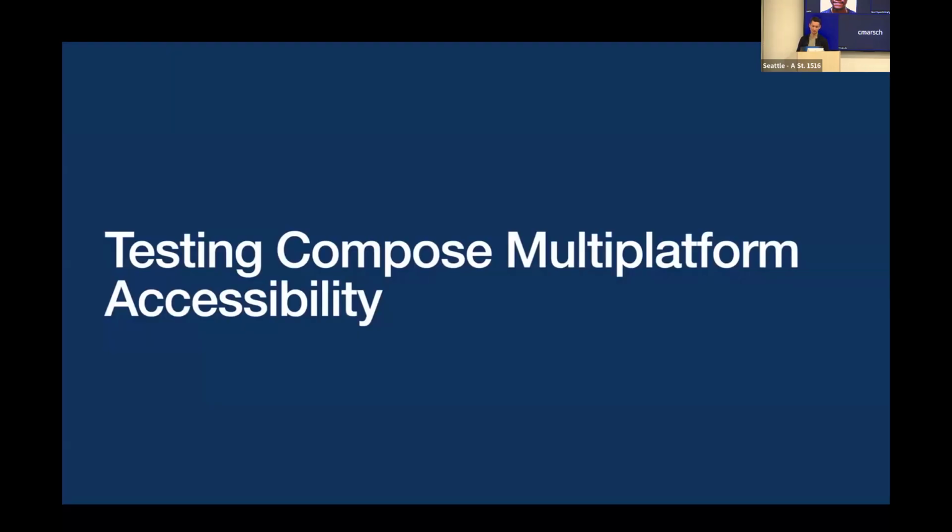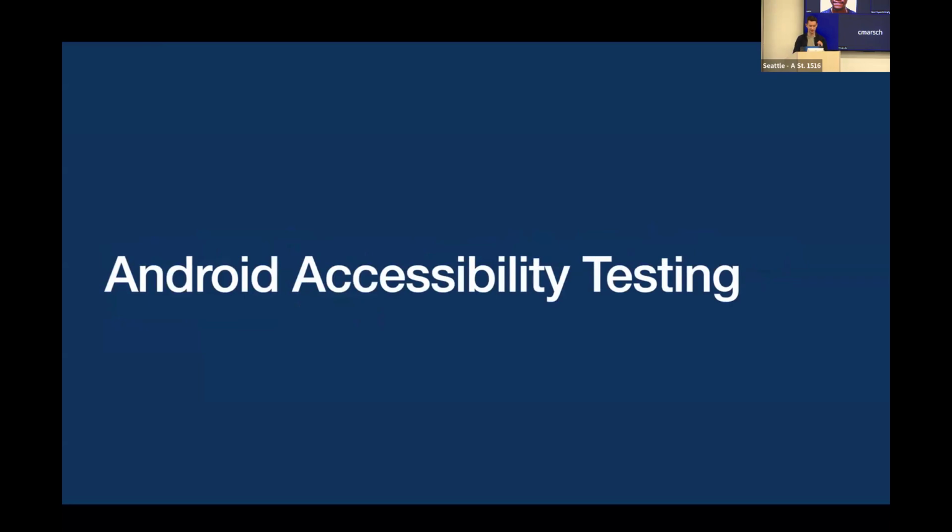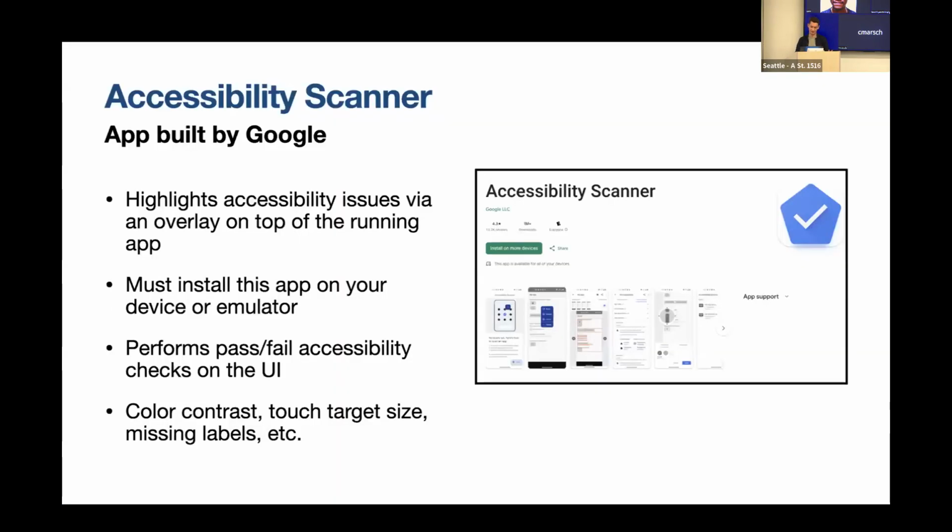And now I want to talk about how we test the Compose Multiplatform accessibility for our applications, just breaking it down by platform. On Android, the accessibility testing for Compose Multiplatform is not different than a regular Android app.